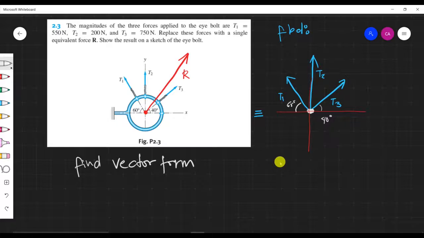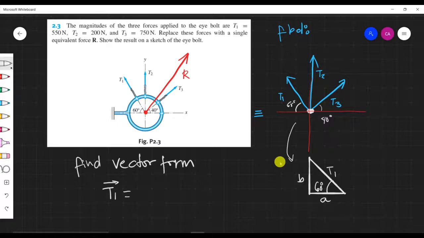Mag-start tayo sa T sub 1. Si T sub 1 is, kung i-drawing natin to dito, may fina-follow siya na shape na pag ganito. Okay? Kung saan ito yung A, ito yung B, then ito yung T sub 1 na may angle na 60 degrees. Okay?